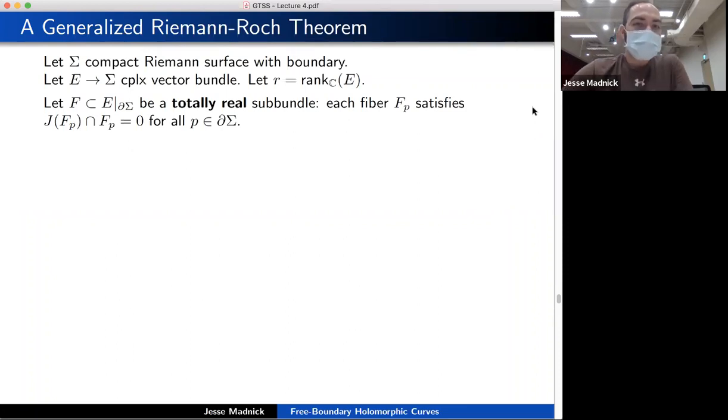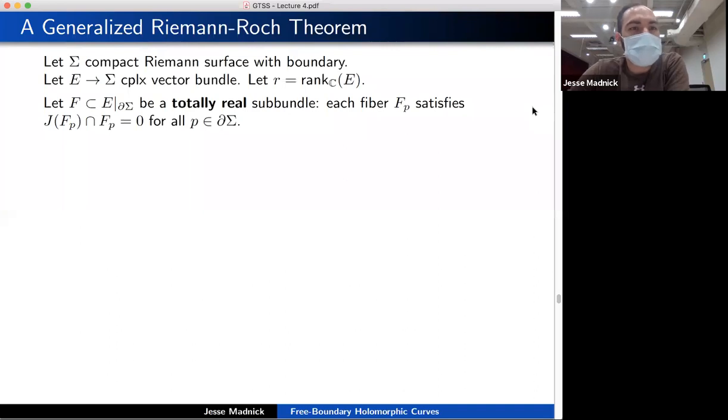So let's introduce the boundary condition first. So sigma will be a compact Riemann surface with boundary, and E is a complex vector bundle of complex rank R. And let's let F be a totally real subbundle. What that means is that each fiber is a totally real subspace.